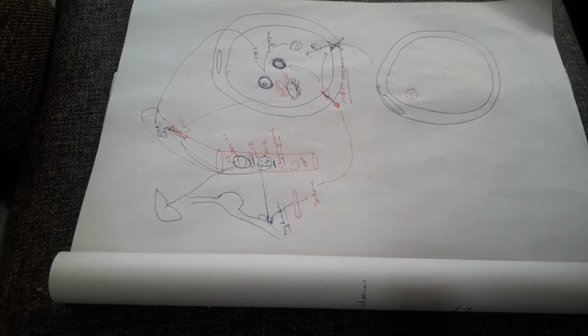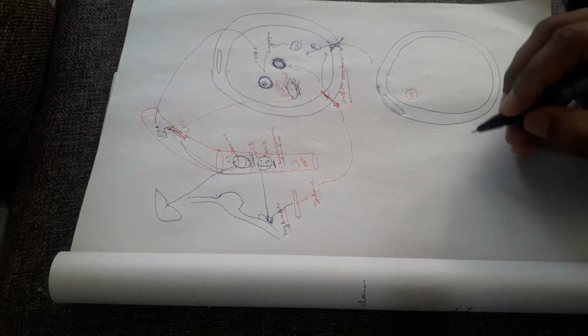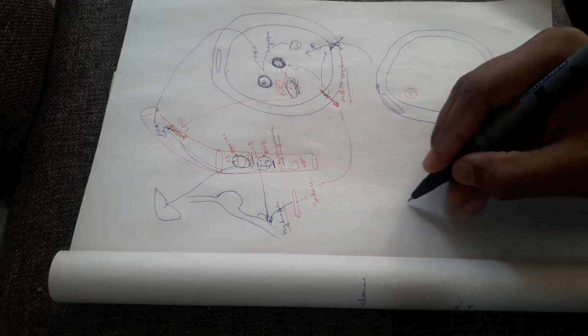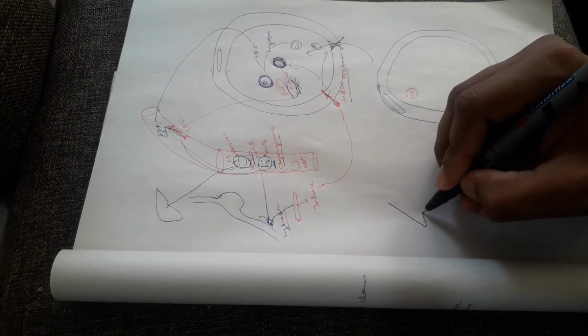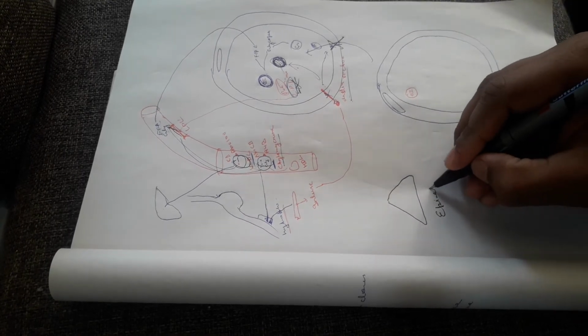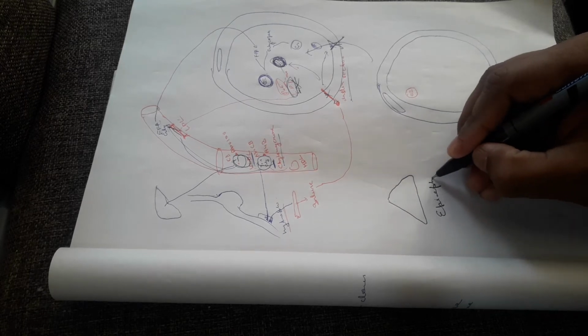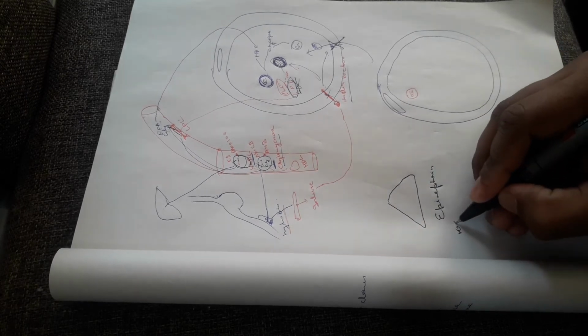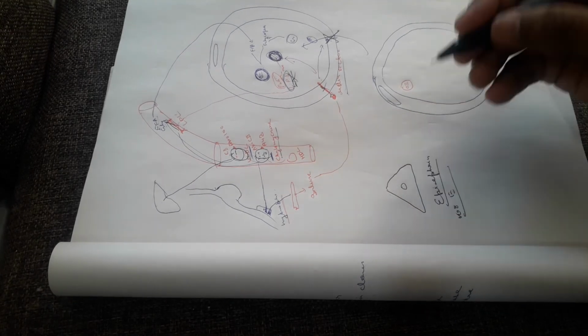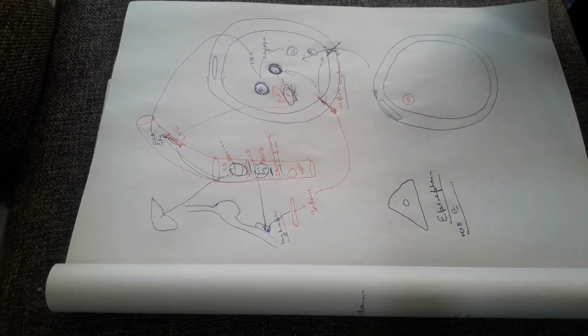And how will energy be generated? See here, from the adrenal gland, epinephrine and norepinephrine will be secreted when blood glucose level becomes low.